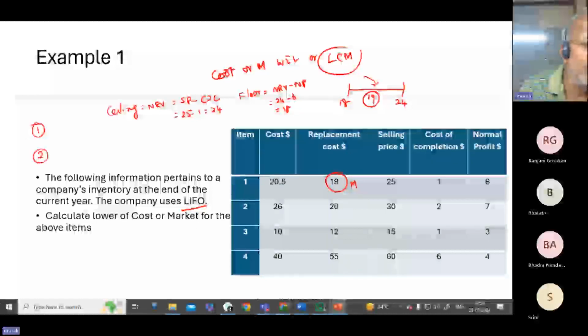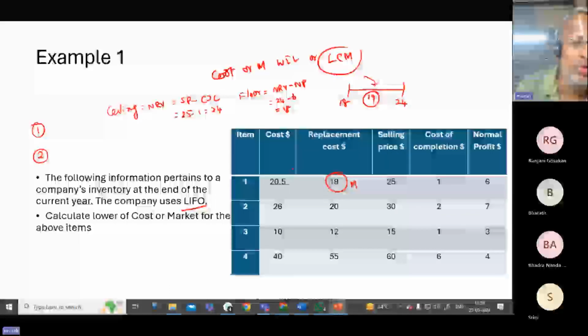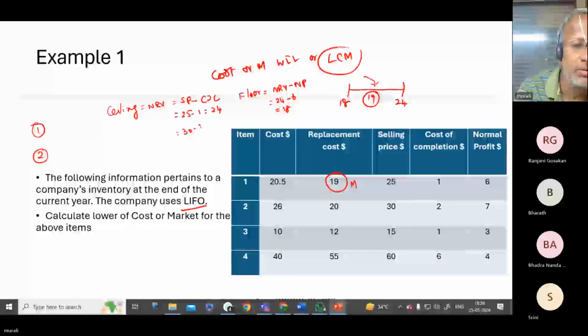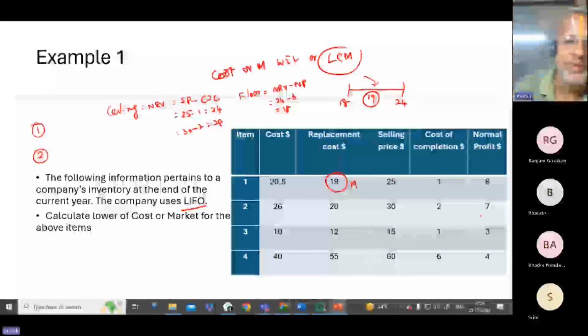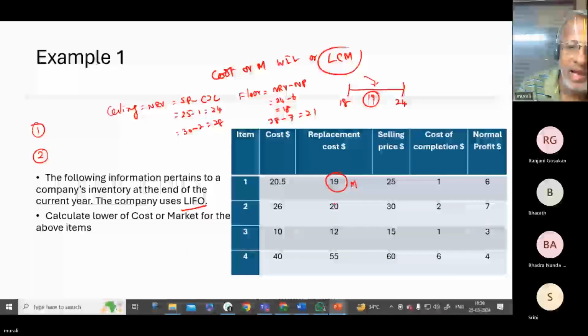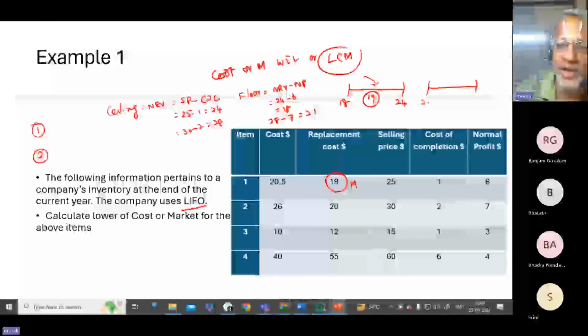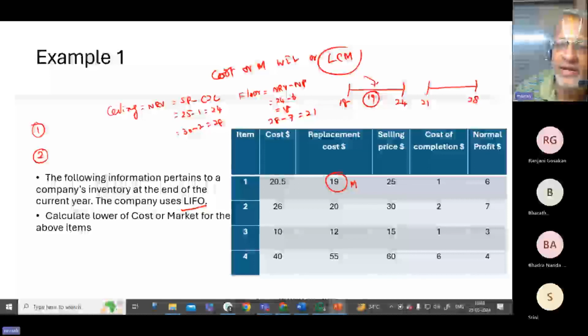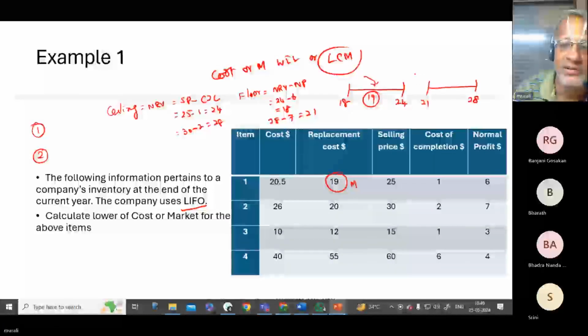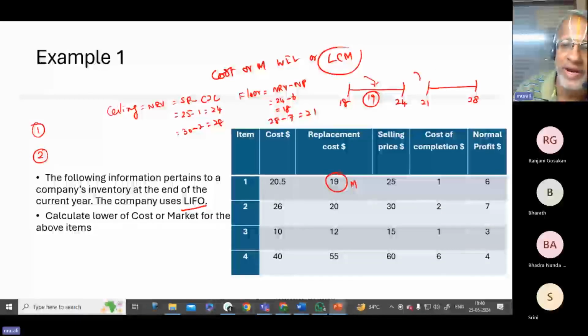For item number 2, ceiling, 30 minus 2, 28. In this particular case, 28 minus 7, 21. And this being 20. So you have 21 and 28, whereas this is 20.